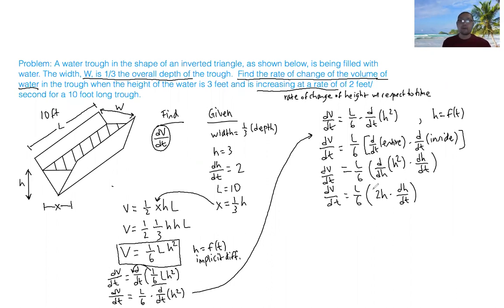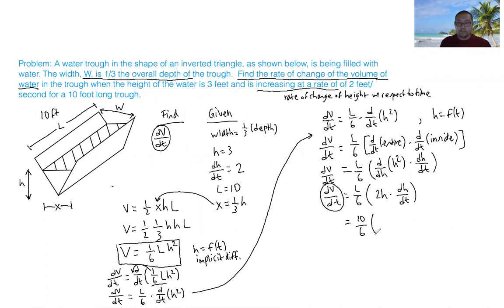Now, remember what our problem prompt wanted us to find. It wants us to find this term, so it's in perfect position. So all we have to do is fill out this right-hand side. L was the length of our trough given at 10 feet.